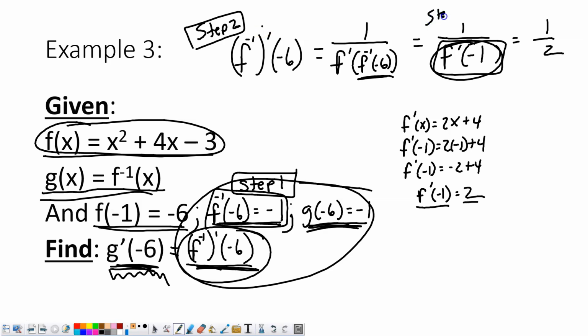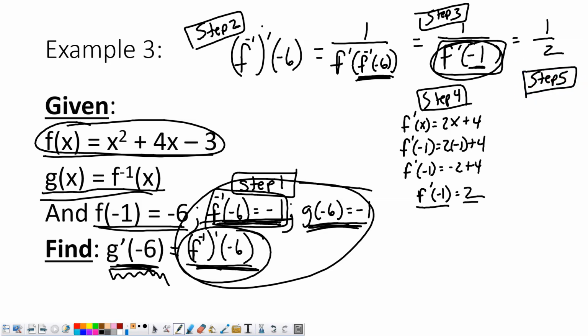Step 3, I replaced the f inverse of negative 6 with negative 1. And I got that from right here. Step 4, since I want f prime of negative 1, I found f prime and plugged in negative 1. Step 5 is your answer. Just take that last thing and put it in the bottom, you're good to go.